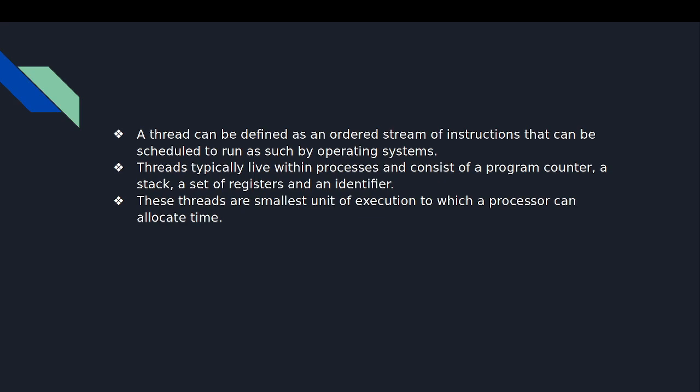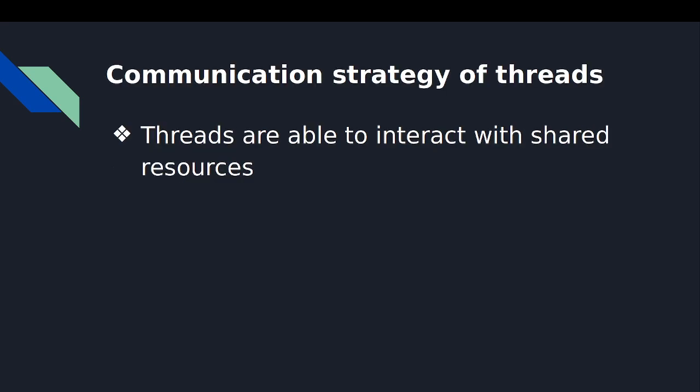So we want to look at how threads behave while in programs, and we want to talk about communication in this sense. In other words, the communication of threads. Threads are able to interact with shared resources. They can interact with memory and storage depending on what we've written, and with this behavior comes some problems.